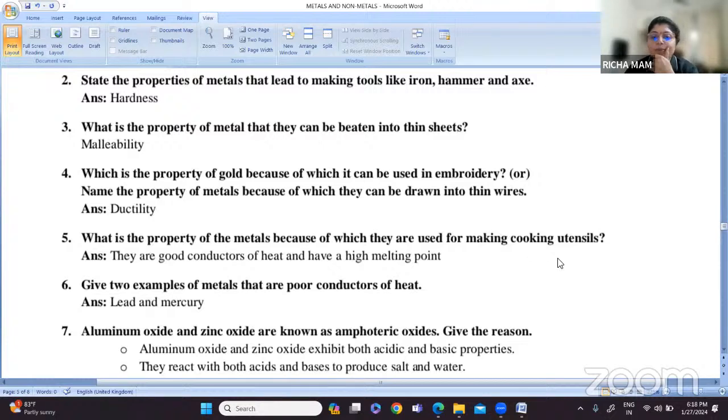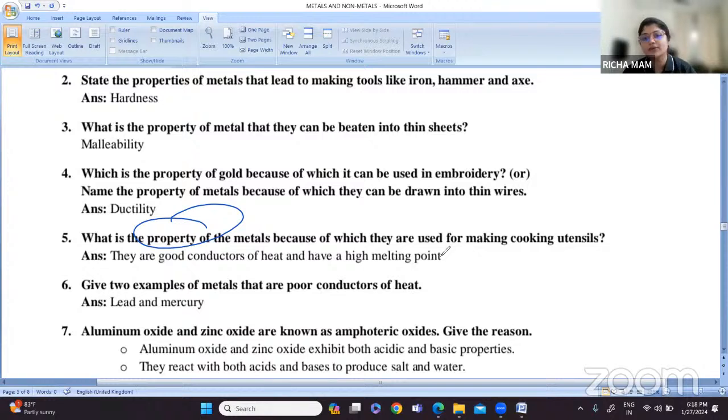Next, what is the property of metals because of which they are used for making cooking utensils? You know that some metals we make use of in cooking, for the utensils which we use, so they are made up of metals. What is the property of that metal?